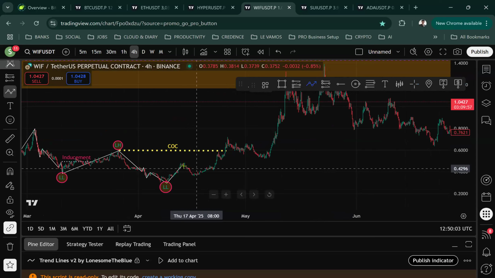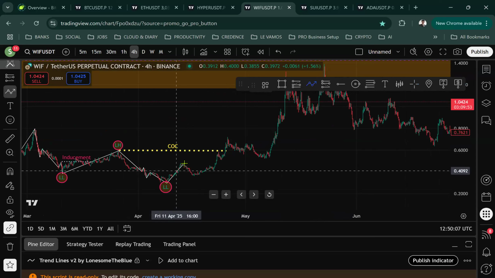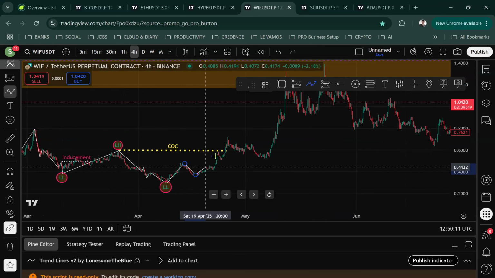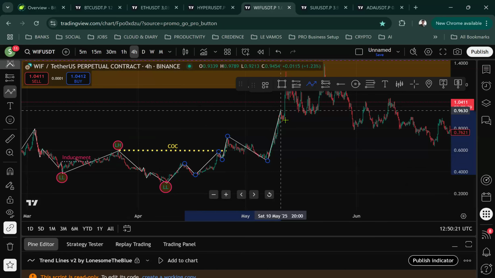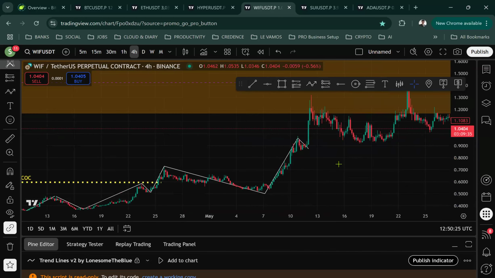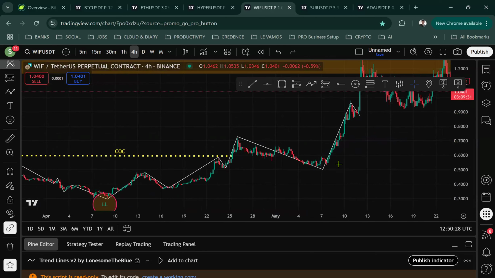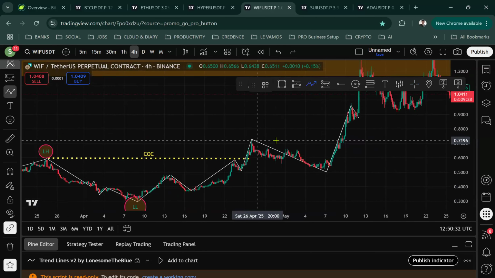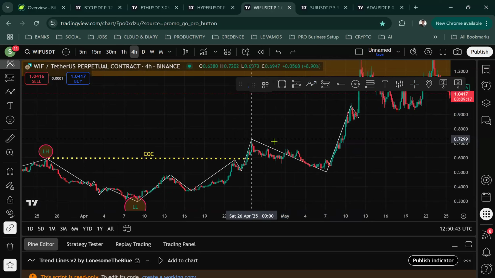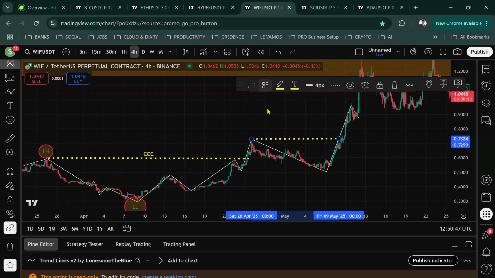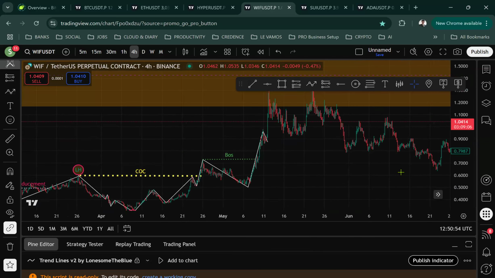Let me draw it again. Here it broke, so it is confirmed from here.